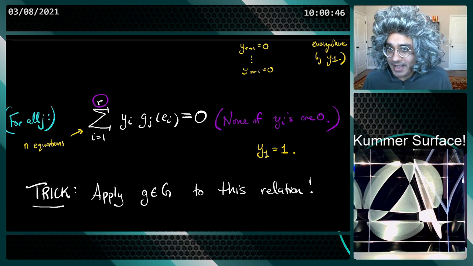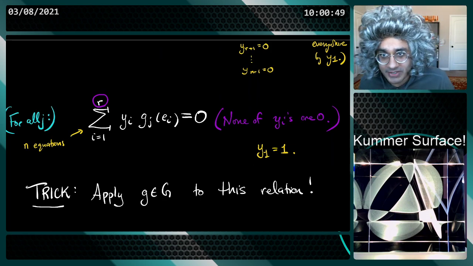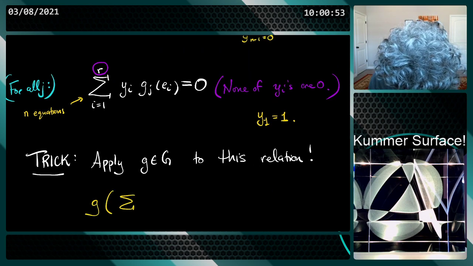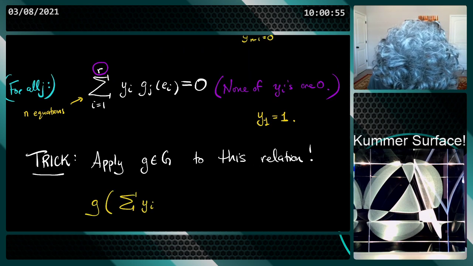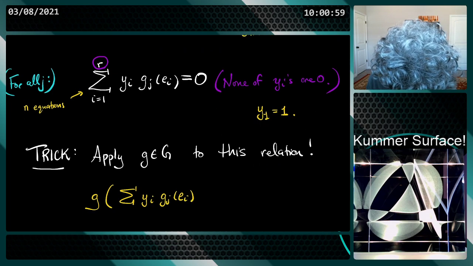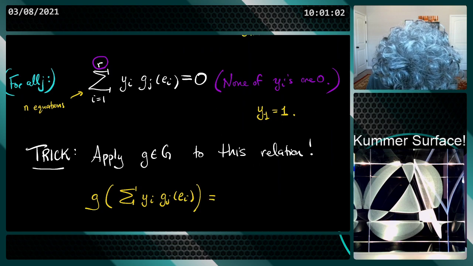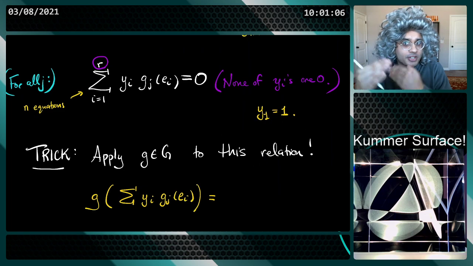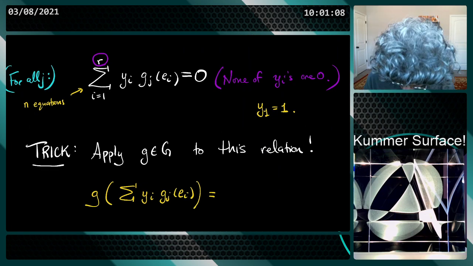Now I'm going to apply an element of a group to one of these equations. And let's do it. G is a field automorphism, so it distributes across sums and products.